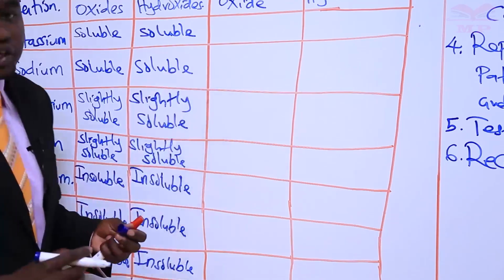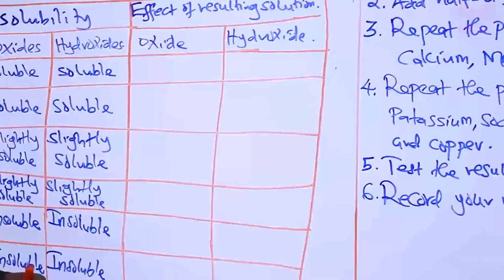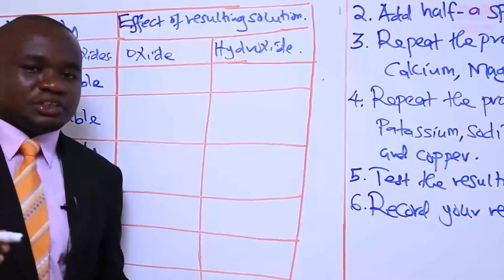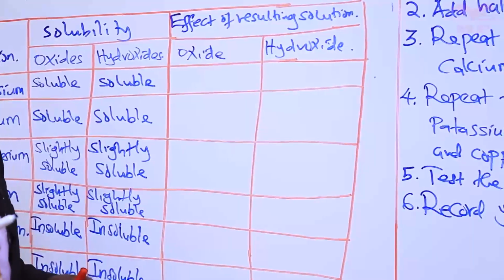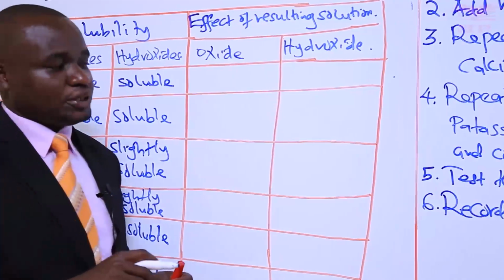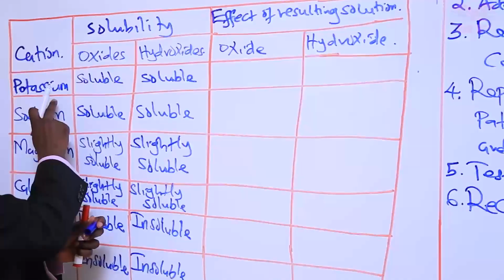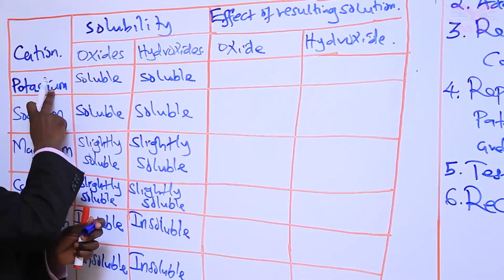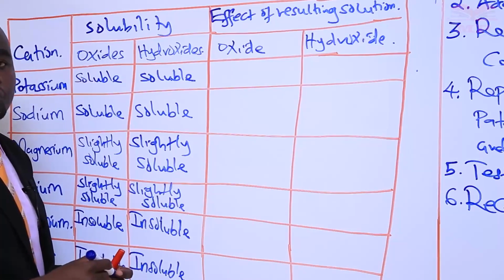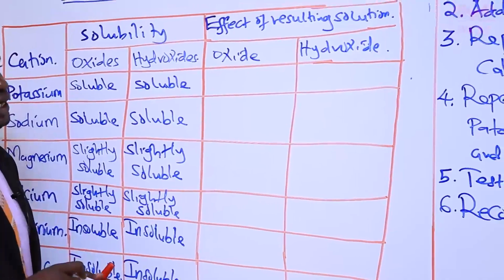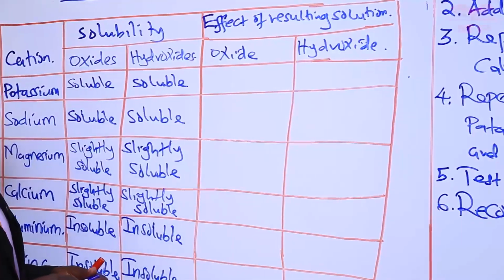So we now look at the effect of the resulting solution on litmus. Remember we said you're using litmus, and litmus is either blue or red. So we are going to drop the two litmus papers in the resulting solution. For example, we have said potassium oxide is soluble in water. So you take the resulting solution and drop both blue and red litmus paper into that boiling tube containing the solution.